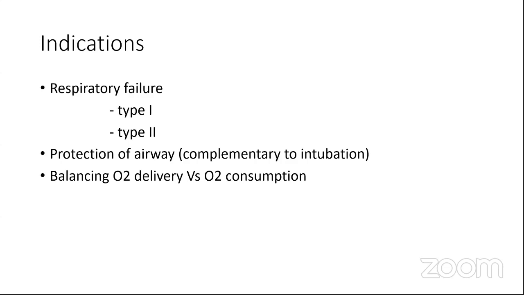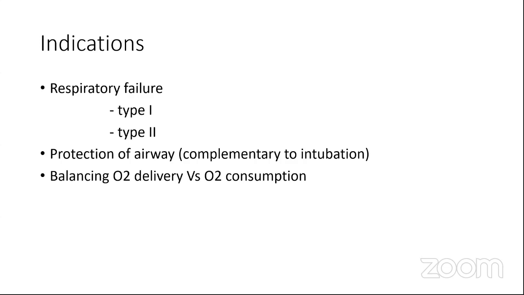So, by connecting to mechanical ventilation, you decrease the patient's work of breathing and hence oxygen consumption. And also, during mechanical ventilation, you can sedate and or paralyze the patient, decreasing his skeletal muscle expenditure of oxygen. So these are the three major categories of indications.